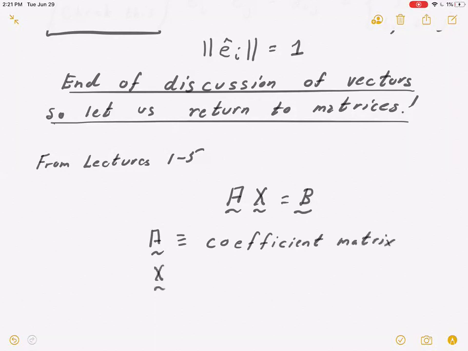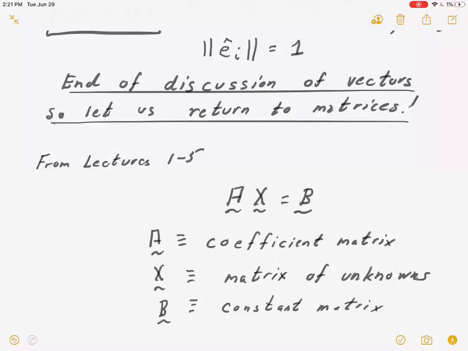X is our matrix of unknowns. And capital B is a matrix which we refer to as a constant matrix.